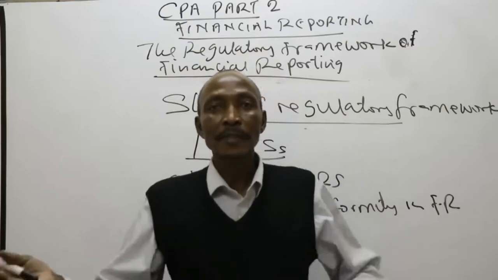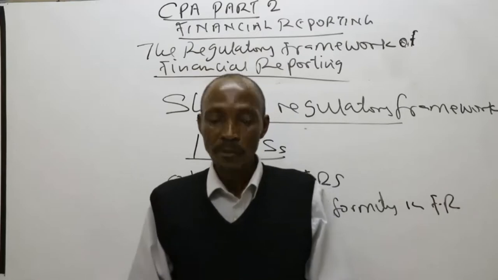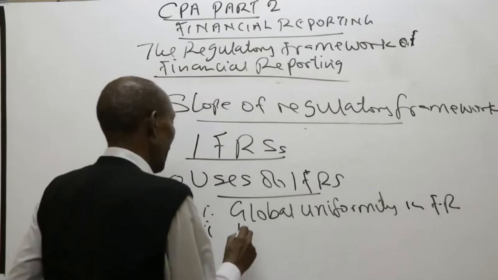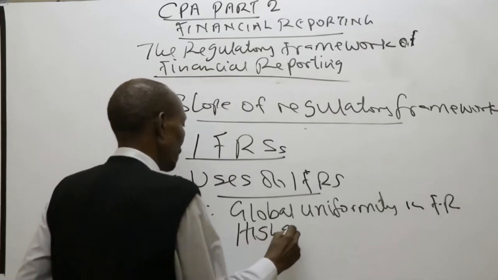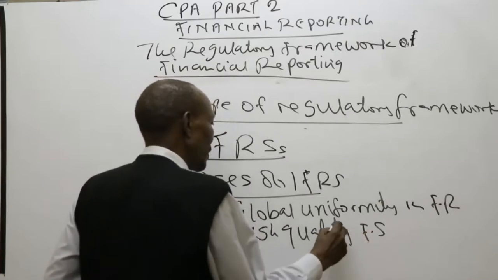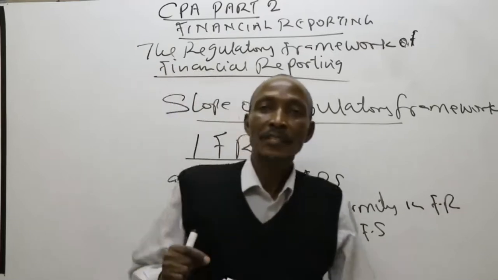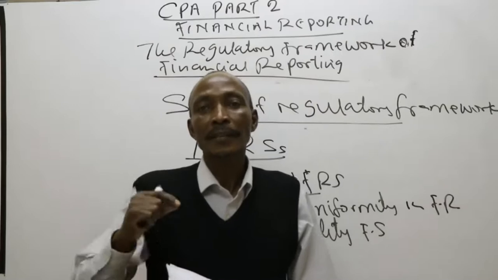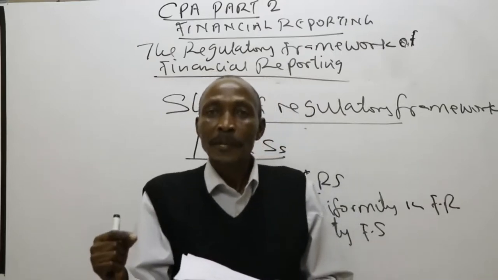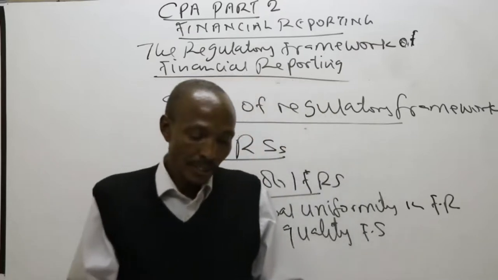That makes it easy for people across the globe to understand financial statements regardless of where they're being prepared. Then there is the aspect of high quality financial statements, because the standards give us methods. They also give us approaches that we use to prepare financial statements. Accountants make fewer mistakes and they come up with very high quality financial statements.